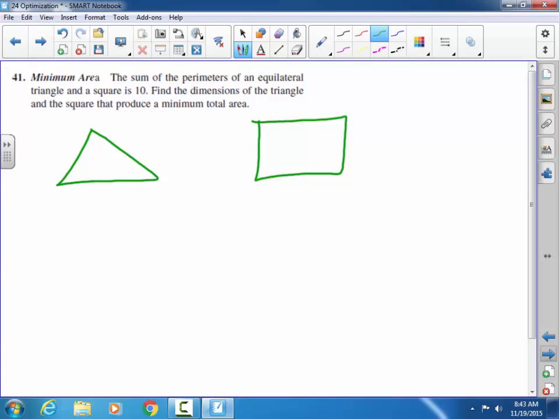Is the side of the triangle and the side of the square the same length? We don't know.